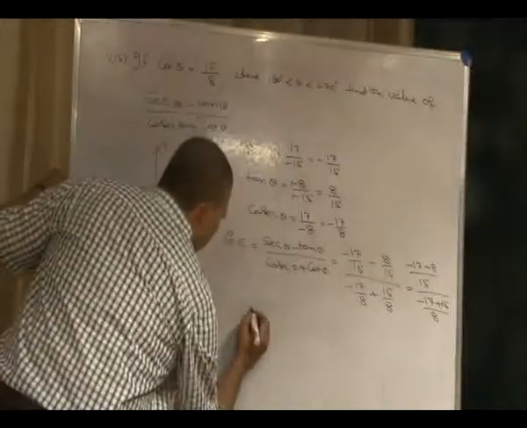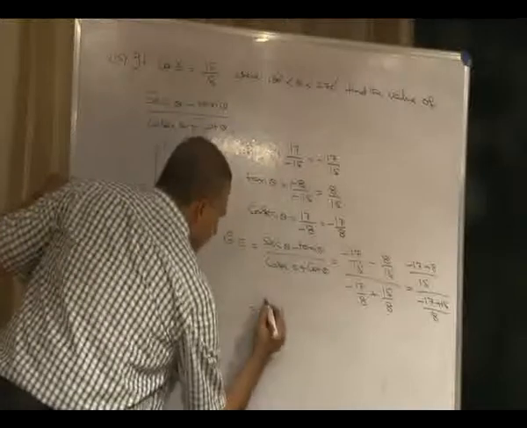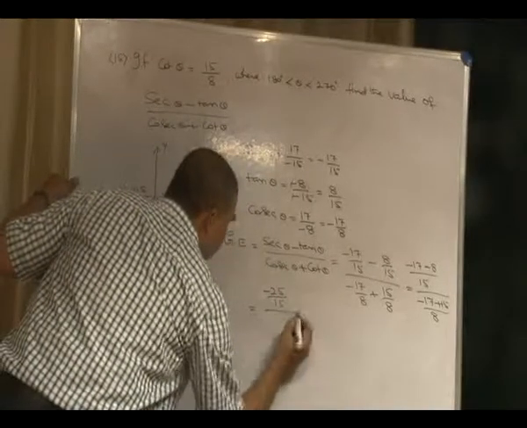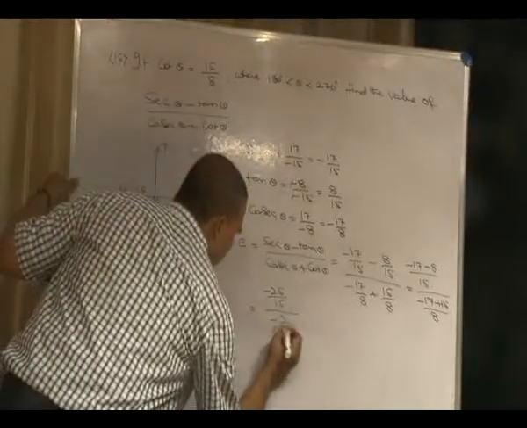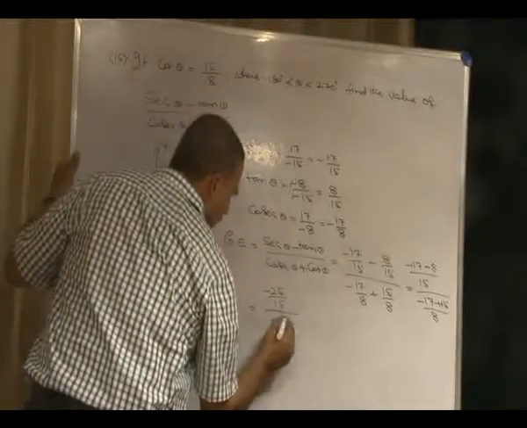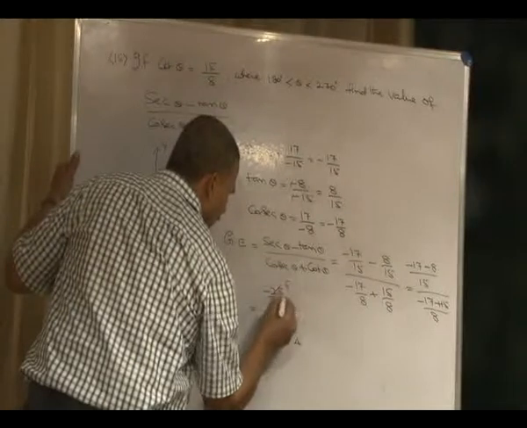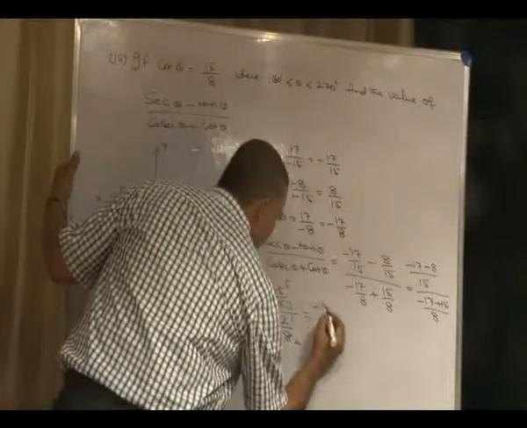That is equal to minus 17 minus 8 is minus 25 by 15, over minus 17 plus 15 is minus 2 by 8. That is, 5 ones are 5, 5 threes are 15, so that is equal to minus 5 by 3.